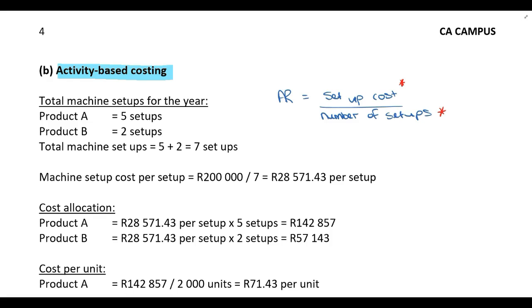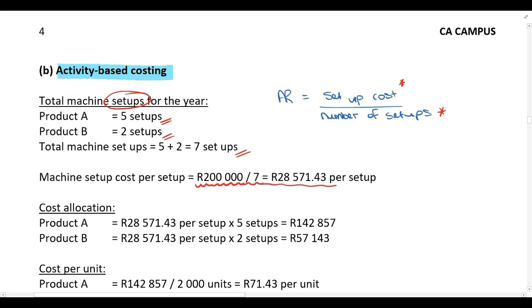So now you can see, guys, we take the total machine setup cost for the year. The total cost for the entire year was 200,000. Divide by the total number of setups for the year. What was the total number of setups? Product A needs 5 setups for the year and B needs 2 setups for the year, giving us a total of 7 setups for the entire year.